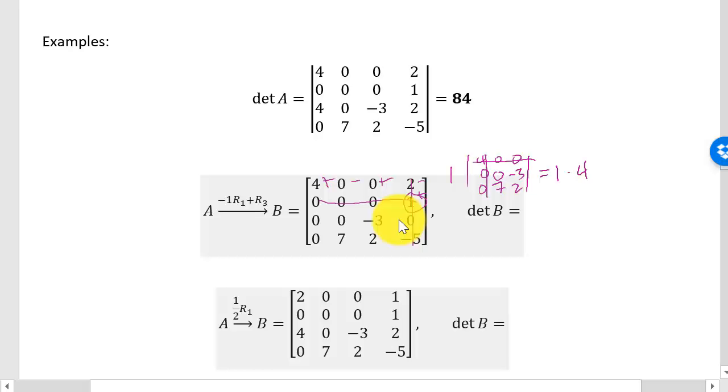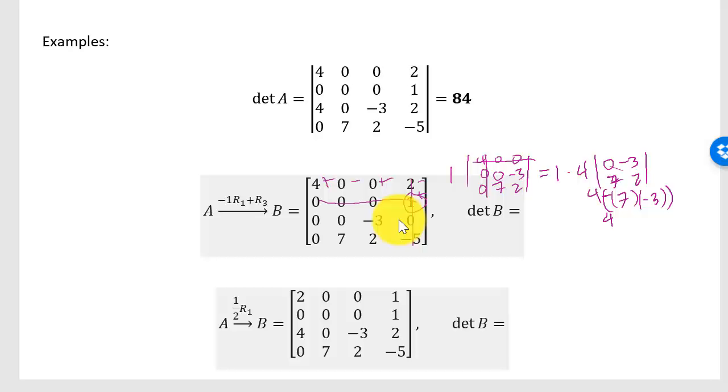So that's going to be 4 times 0 minus 3, 7, 2. And so this is going to be 4 times, let's do a parentheses around that, negative 7 times -3.